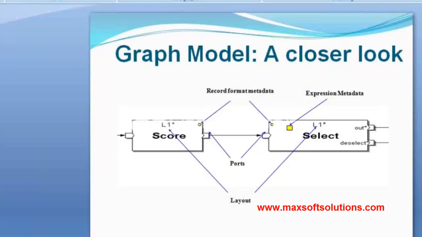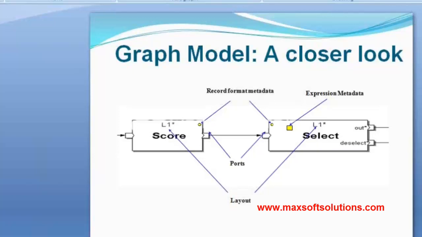Yes. Actually, layout identifies two things. It determines the location of the resource, and it determines how many parallel ways that particular component is running. To determine the location of the resource means where this component is currently executing.